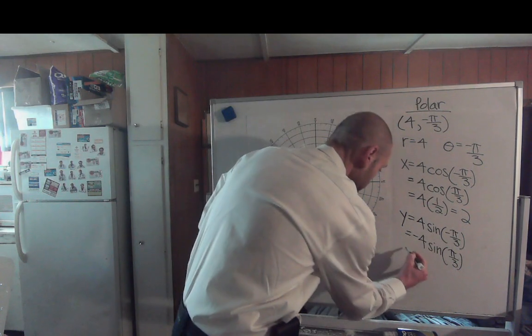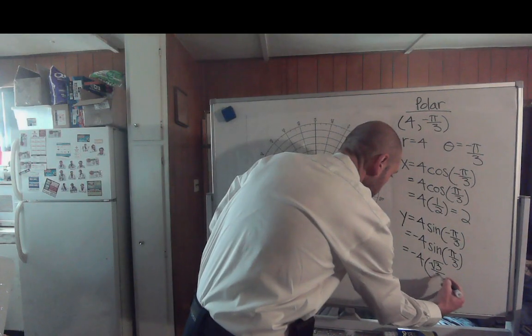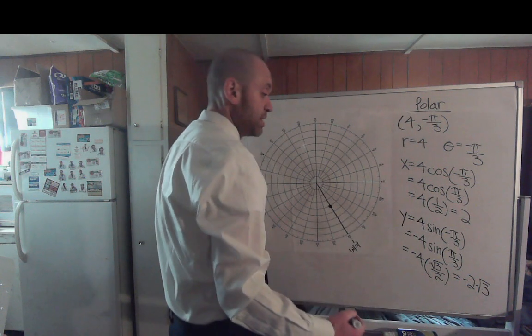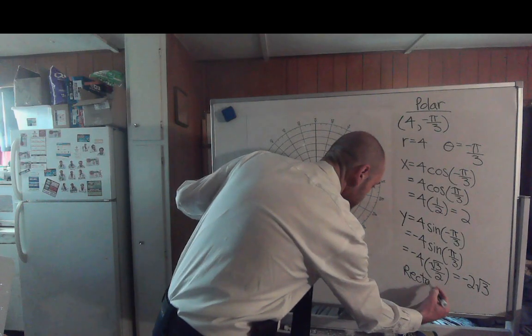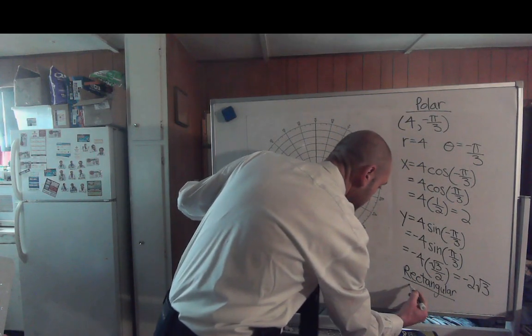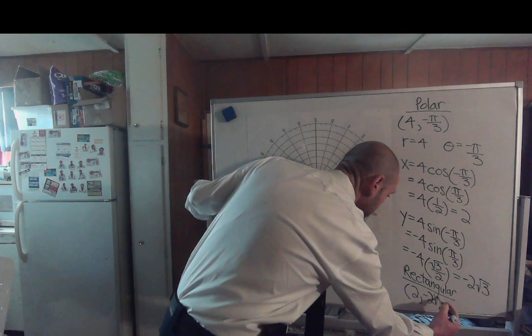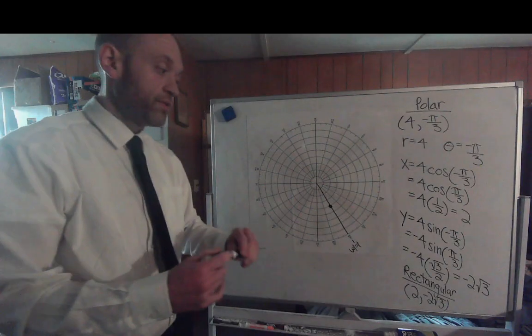That's the square root of 3 over 2, so you would end up getting negative 4 times the square root of 3 over 2. 2 cancels out with a 4, you should end up getting negative 2 times the square root of 3. So we found x to be 2, y to be negative 2 square root of 3, so I'll get the coordinate 2, negative 2 times the square root of 3.